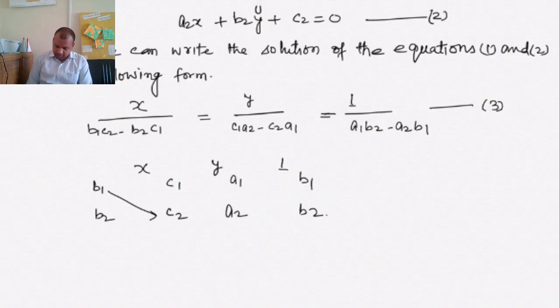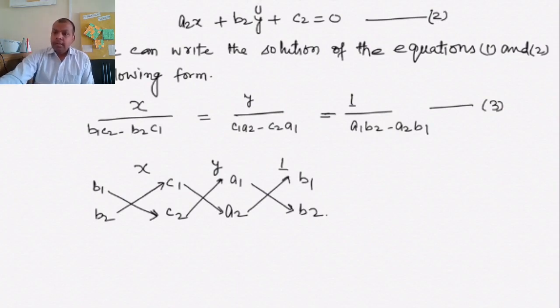Now use the arrows like this. The arrows between the two numbers indicate that they are to be multiplied and the second product is to be subtracted from the first.